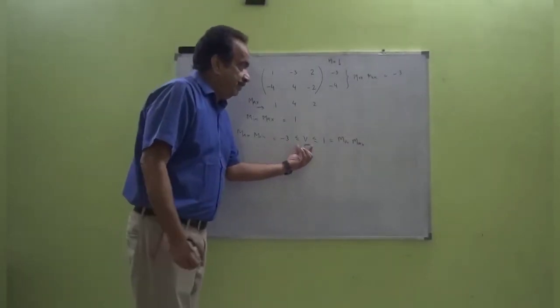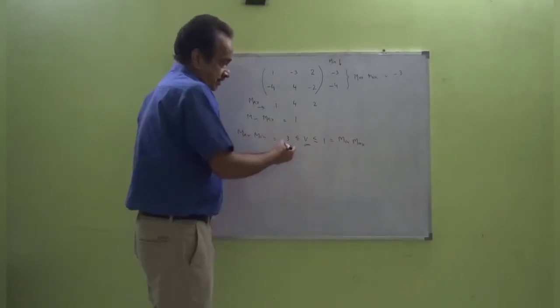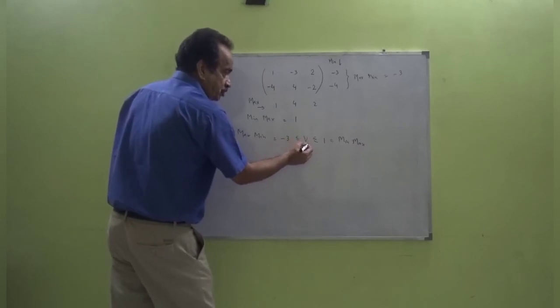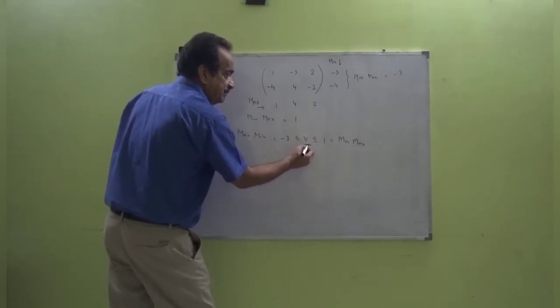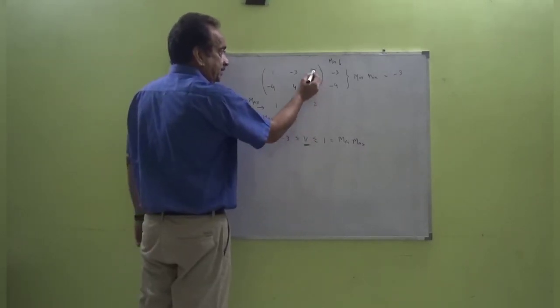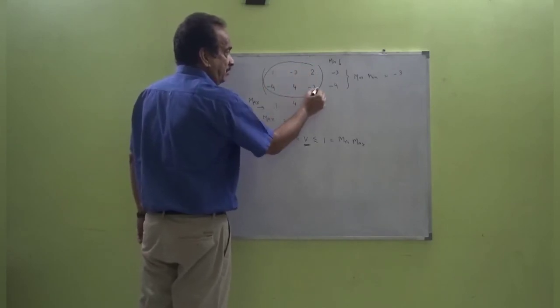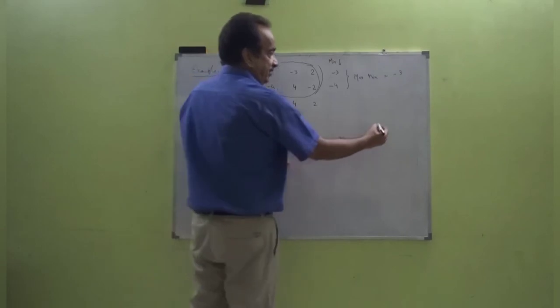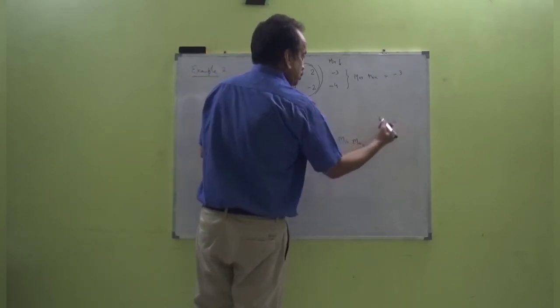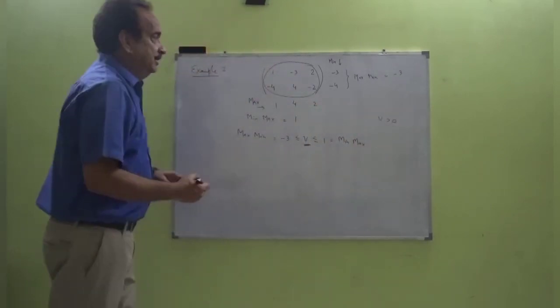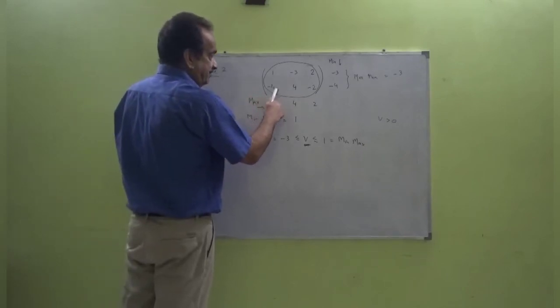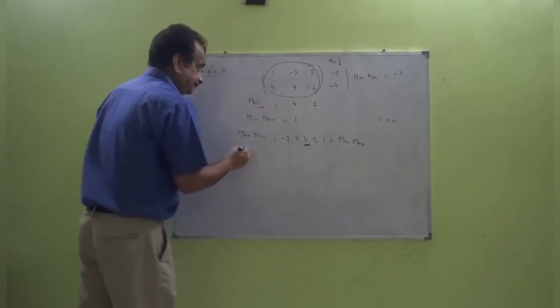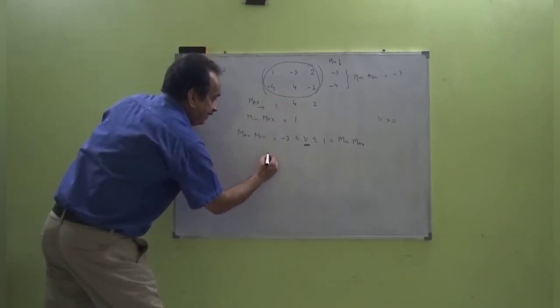So we are not sure whether V is negative or not. In order to apply the linear programming technique, V should be positive. So how to make this V positive? Had the entries in this matrix been positive, then we definitely would have V greater than 0. So let's add a number here. To be on the safer side, let's add 5.